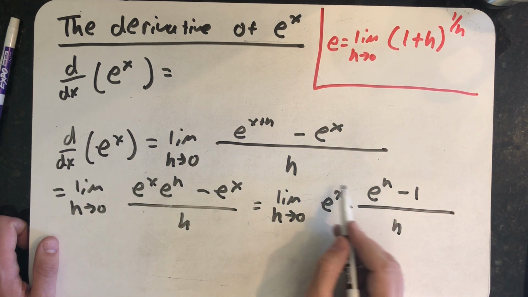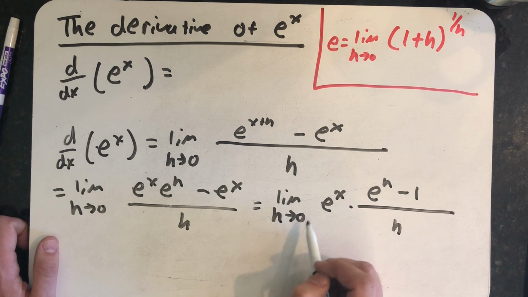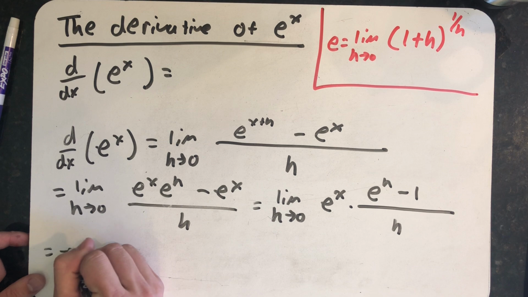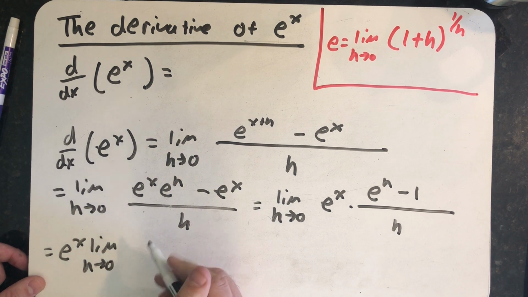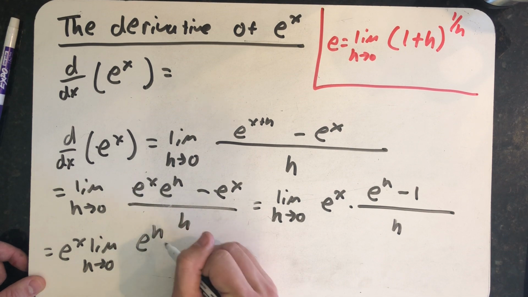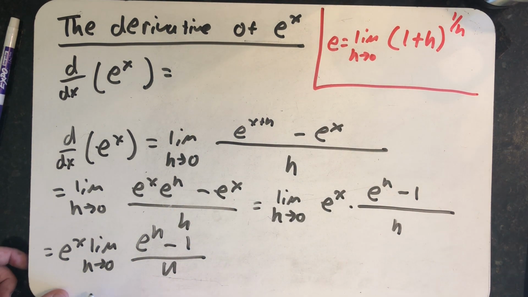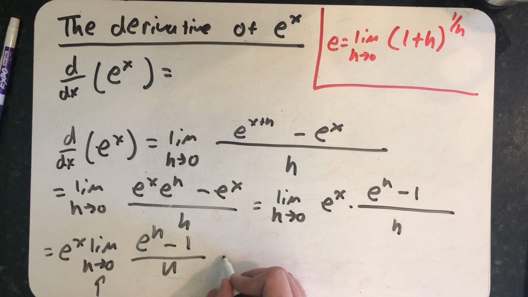All right, and what I realize is this no longer has an h in it, so in terms of this limit, whose variable is h, I can pull that out front using my limit laws. And this is where I'm going to use this statement. I have a limit as h tends to 0, so I'm going to rewrite the number e as this expression.